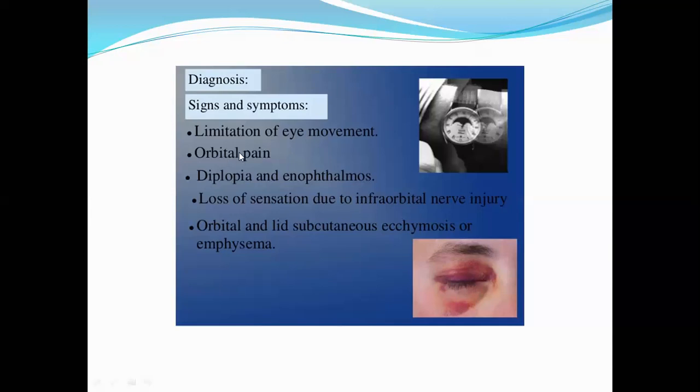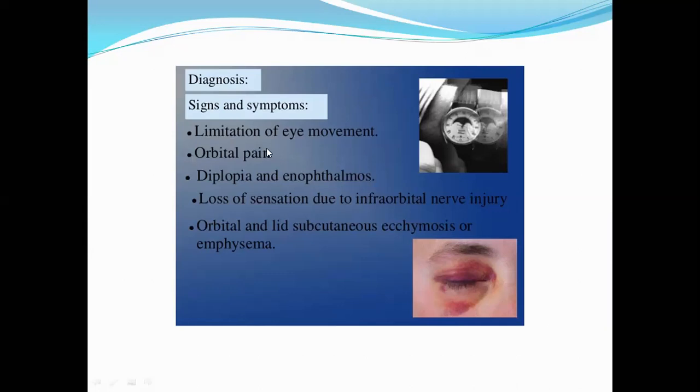Diplopia, as I mentioned, in the eight gazes, you have to ask the patient to move the eye. Enophthalmos is seen on gross examination, bird's eye view. You will appreciate enophthalmos, that is the eye is below the normal orbital rim structure, and it is an inward movement.